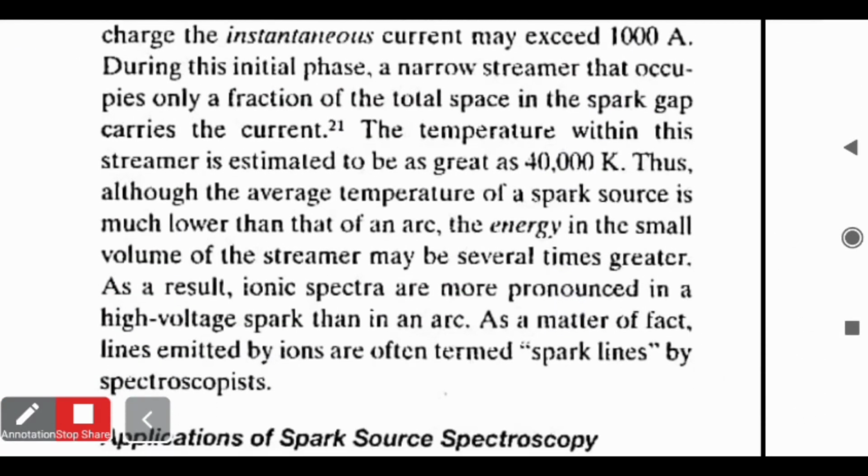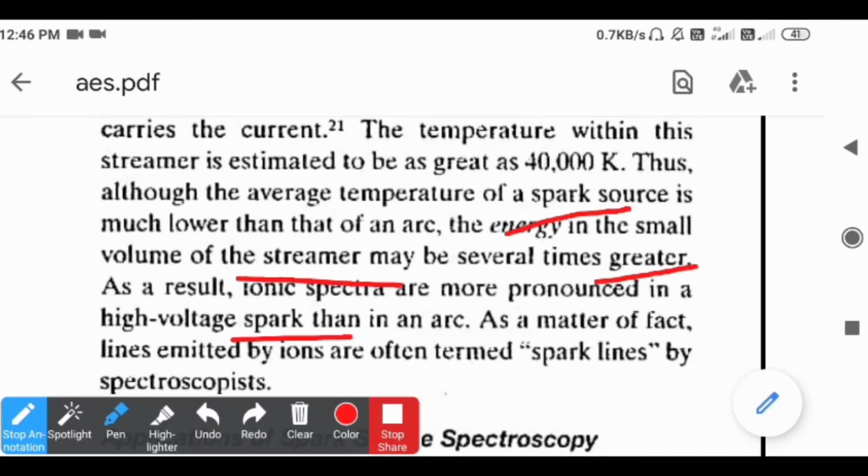The temperature within this streamer can reach up to 40,000 Kelvin. Although the average temperature of spark sources is lower than that of the arc sources, the energy in this small volume of streamer may be several times greater. Overall, in arc sources we get a 4000 to 8000 Kelvin temperature, but in spark sources for a shorter period of time we get a current of around 1000 ampere, which results in this 40,000 Kelvin temperature.